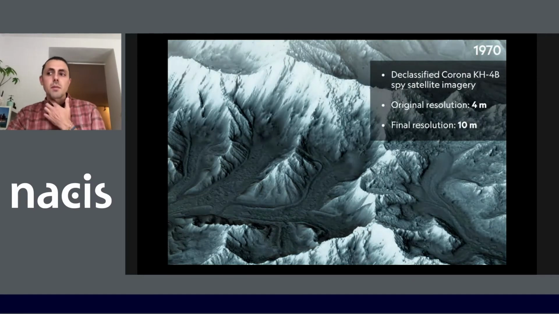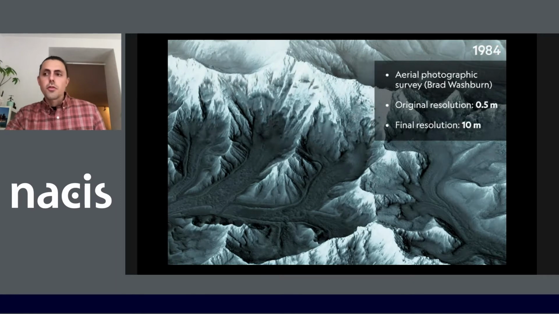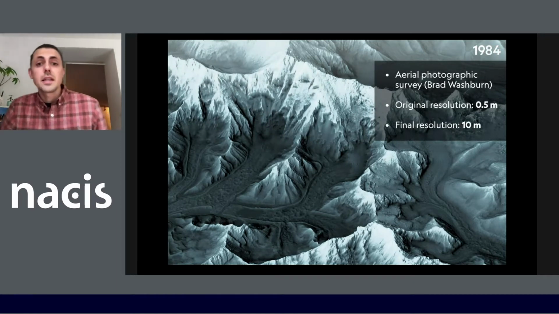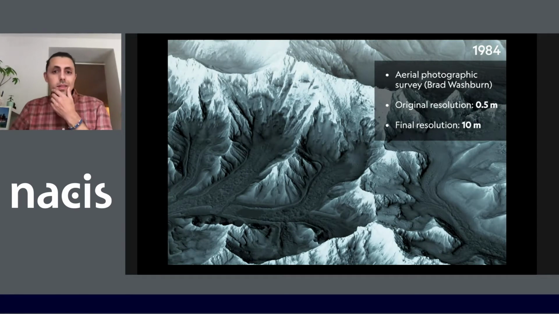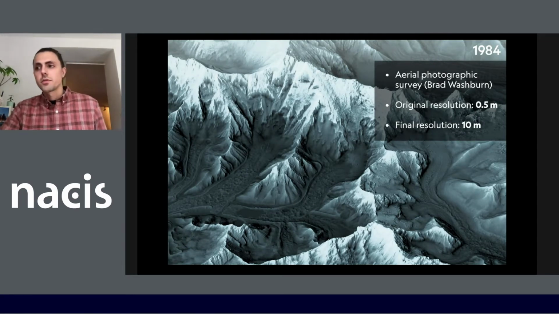The second timestamp is from 1970, and this is also using declassified Corona imagery. You can see there's some streaking there on that mountain face. The third timestamp is from 1984, and this was created using aerial photographs taken during Brad Washburn's mapping work. This is pretty great imagery and a pretty great model to work with.